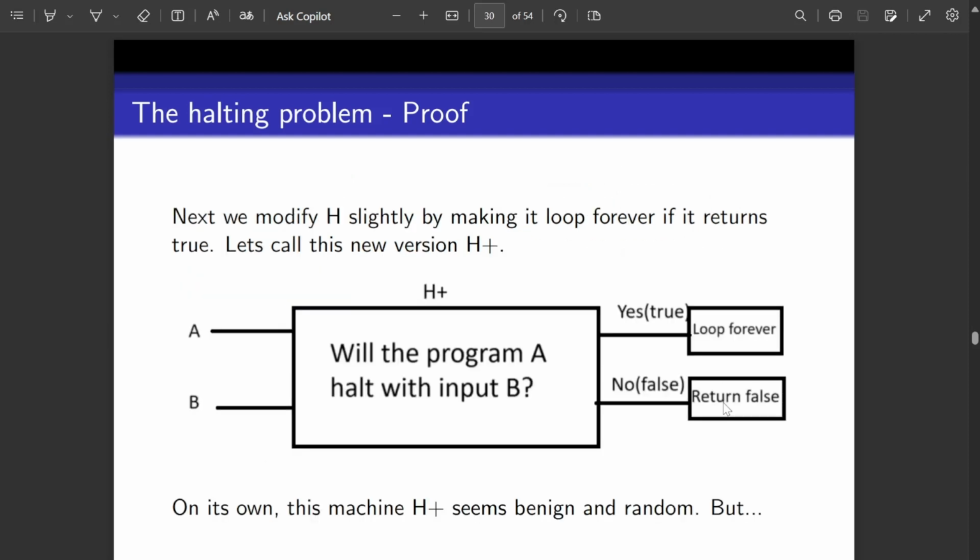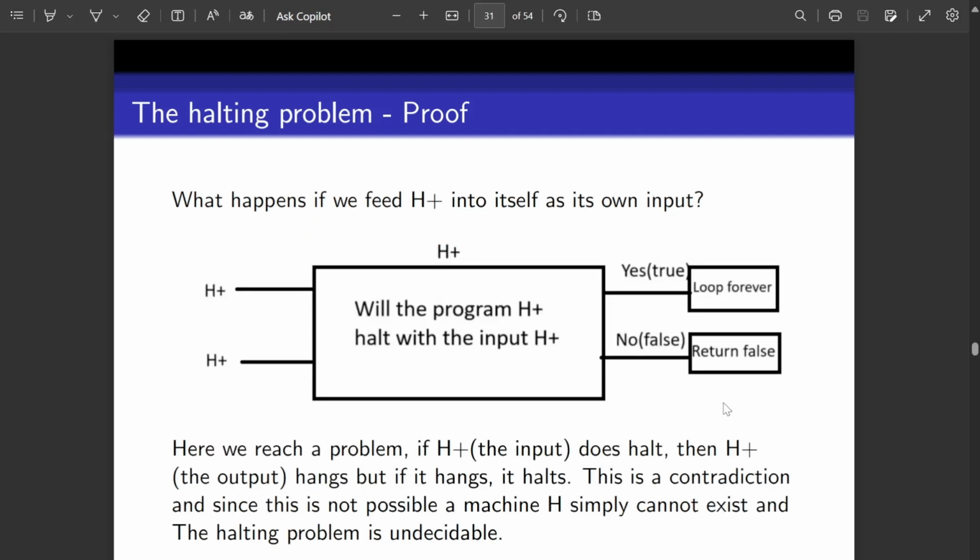So next, let's modify H slightly. We make it loop forever if it ever returns true, and we can call this new version H plus. On its own, the machine H plus seems quite benign and random. Why did we make it loop forever? But it will all make sense in this next step. So what happens if we feed H plus into itself as its own input? Will the program H plus halt with the input H plus?